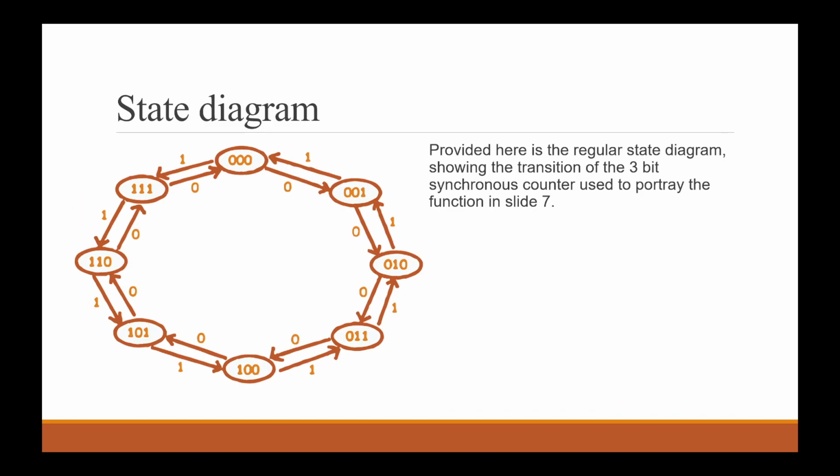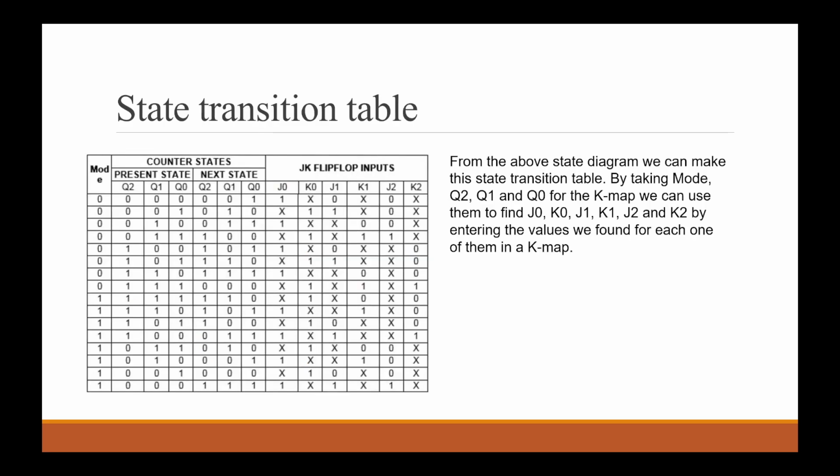This is the state diagram showing the transition of the 3-bit synchronous counter used to portray the function in slide 7. And from the above state diagram, you can make this state transition table by taking mode, Q2, Q1, and Q0.